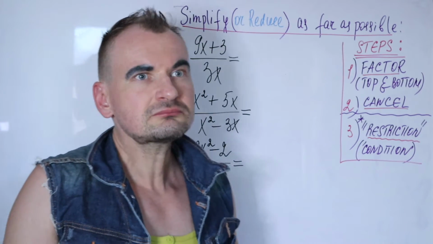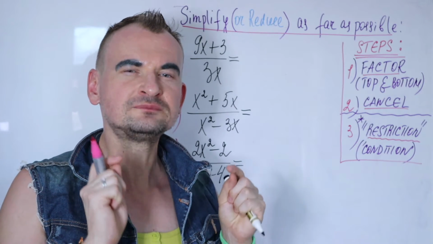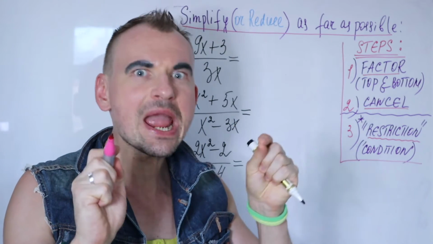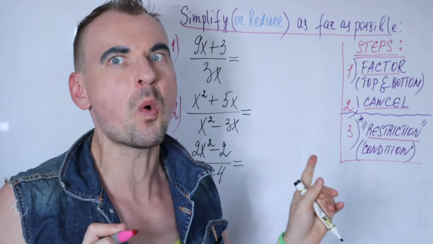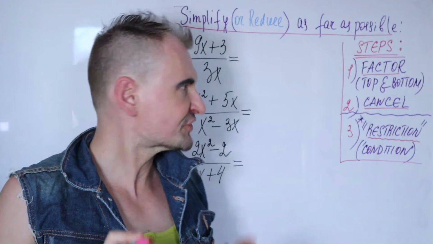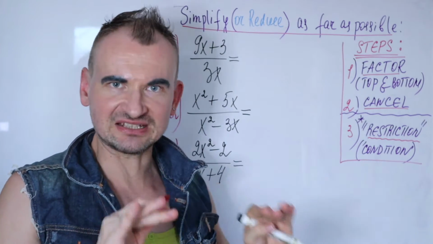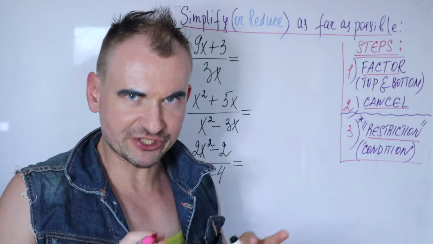Now, the difference of squares can also be useful in this case, and later on I will show you how it works. Now, the first step, factor. Factor as much as you can, as far as possible.